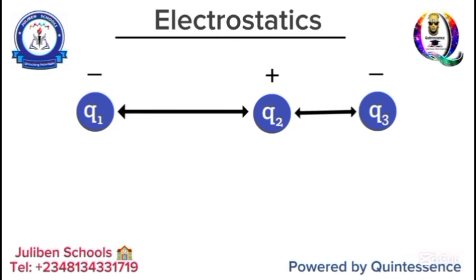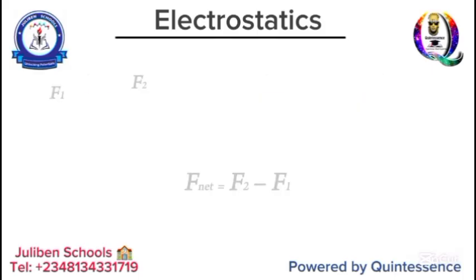So on that note, you have to resolve the forces. The force on 1 as a result of 3 will be going towards the negative x-axis, while the force on 1 as a result of 2 will be going towards the positive x-axis. At the end of the day, you find the difference between the forces. And of course, finding the difference between the forces is the bigger force minus the smaller force, so that you have a positive result at the end of the day.